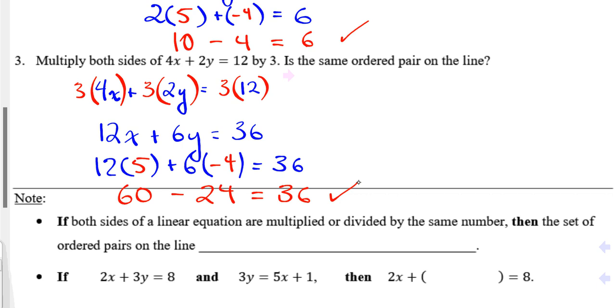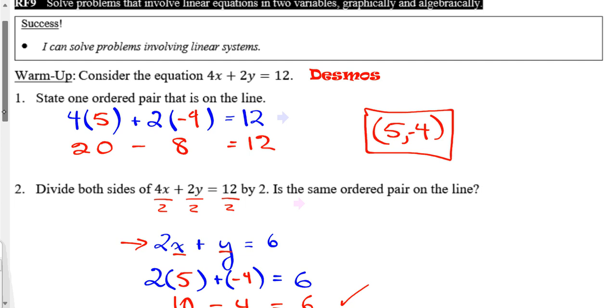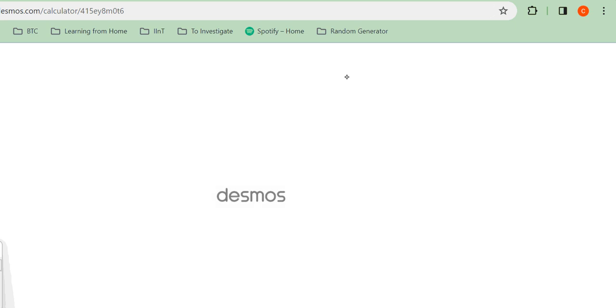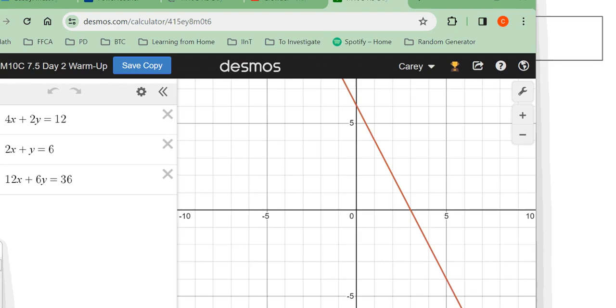Let's take a moment and just look at, if we looked at the graphs of these, why is this happening? So we'll have a look at Desmos here. Let me adjust my window so we can see a little bit more. There we go.